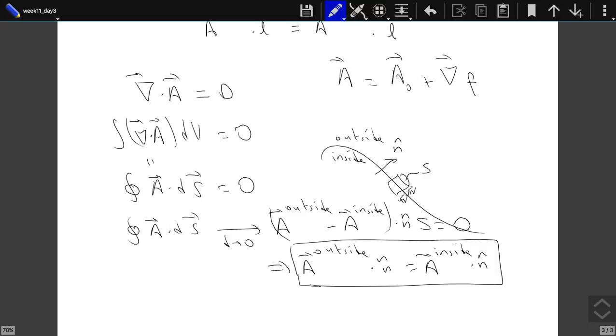Since the perpendicular component is continuous and the horizontal component is continuous, the vector potential is continuous. But keep in mind that not all vector potentials are continuous. Only the vector potentials that satisfy this Coulomb gauge.